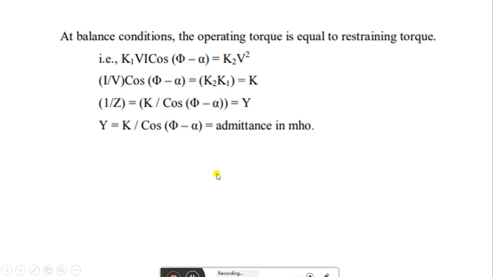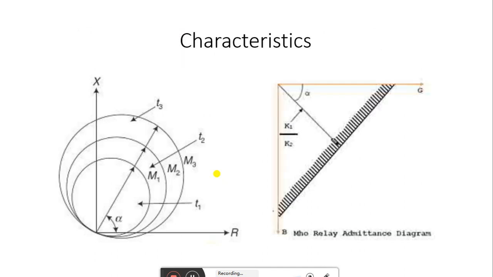It means the restraining torque will be greater than the operating torque. So let us see here. This is the characteristic diagram, and this line shows that within this area of the circle, if the admittance lies, then the relay will operate, and outside this region the relay will not operate.